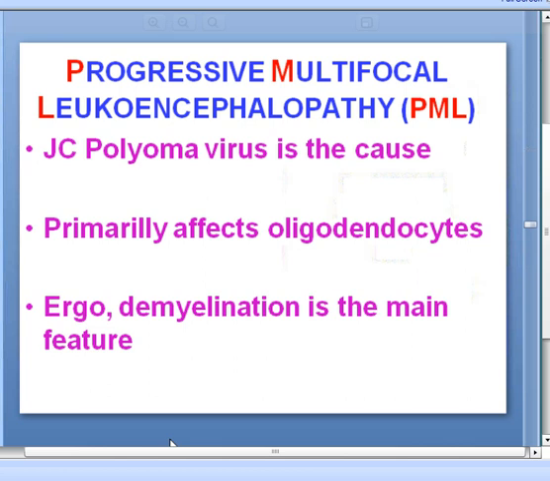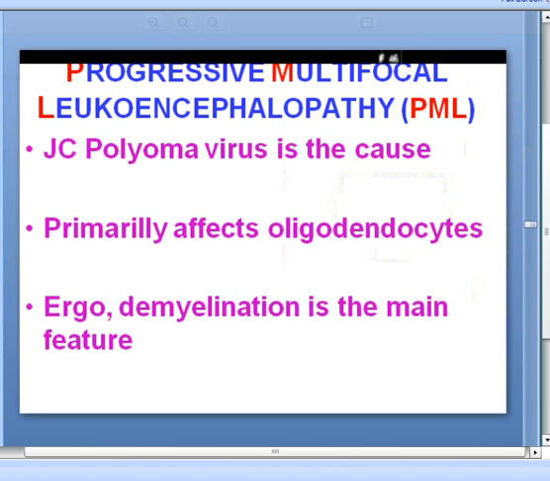JC polyoma virus is a virus that causes a progressive multifocal leukoencephalopathy, also known as PML. It's primarily in the area where there's oligodendrocytes or myelinated white matter of the brain. And because it primarily involves oligodendrocytes, you would guess that one of the main findings here would be a demyelination because the oligodendrocytes are making the myelin.